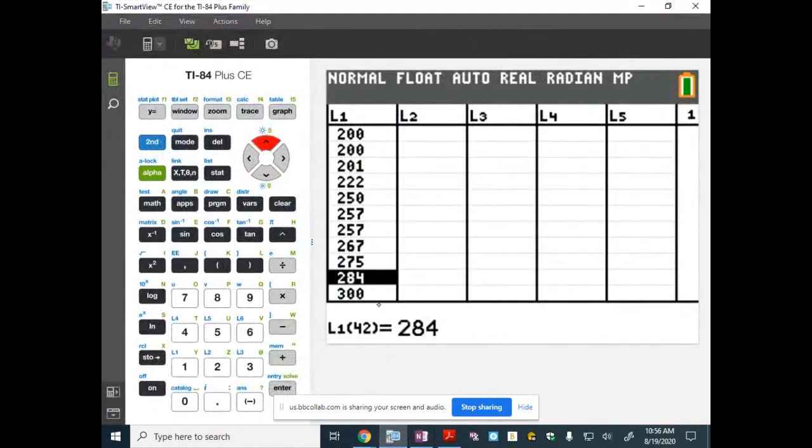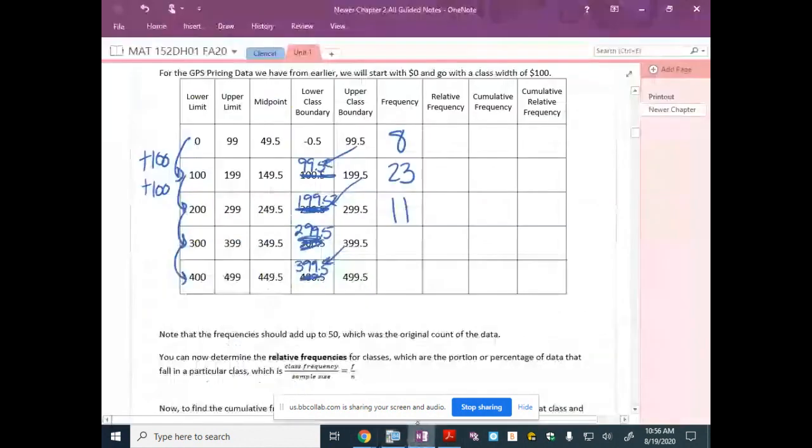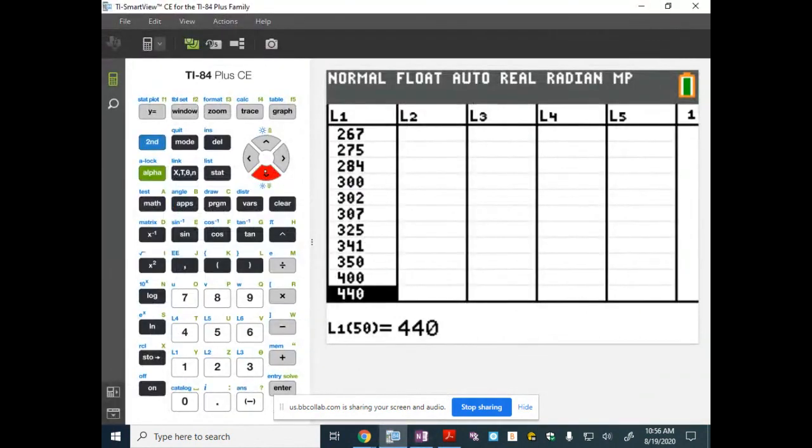And that was the 42nd piece of data, by the way. Now let's see, 303.99. 1, 2, 3, 4, 5, 6. And then we have 2.